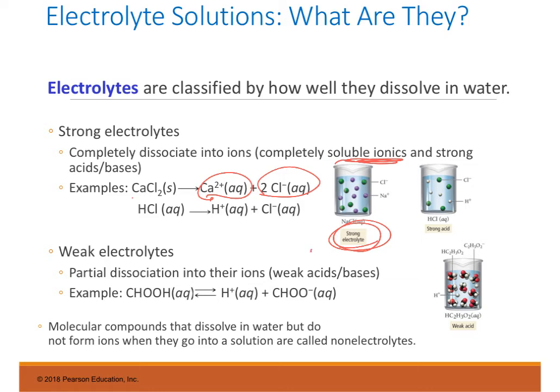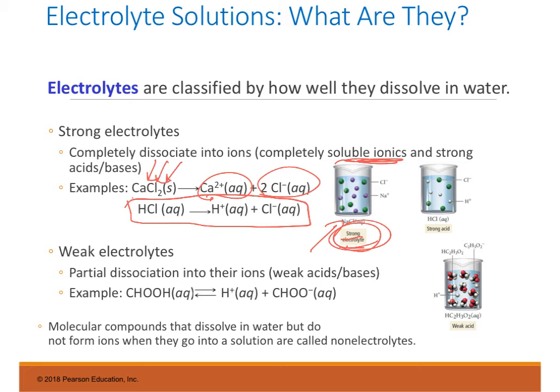In general, the more ions you have in solution, the stronger the electrolyte, and the more electricity it conducts. Even if I dumped in more and more calcium chloride, it would become a stronger and stronger electrolyte.